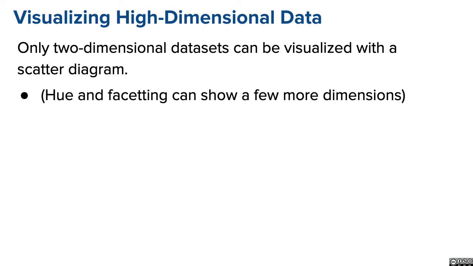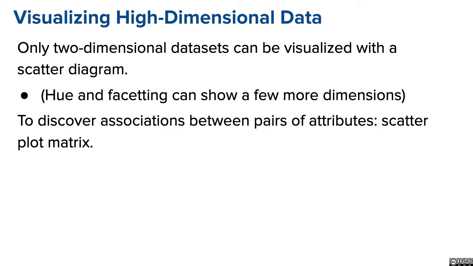If you use hues and faceting, you can maybe show a few more. But really, the visualization techniques that we have are limited compared to the high-dimensional data that we can encounter. There's no visualization that can effectively visualize 7 million dimensions at the same time. Okay. And so we can use what's called a scatter plot matrix to discover associations between attributes.